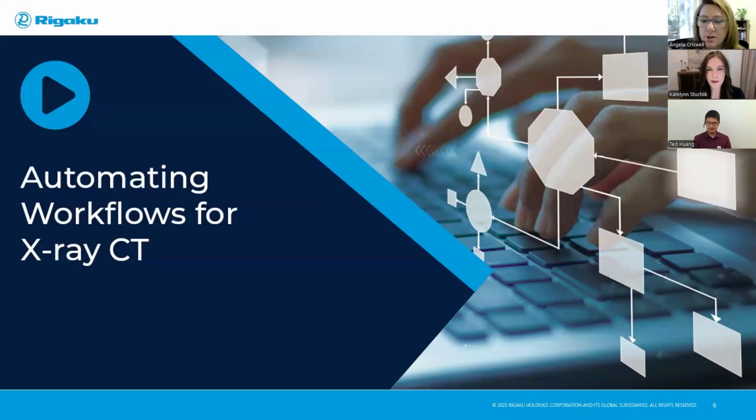Thank you, Caitlin, and thank you to those who are joining us today for this presentation. Laboratories that have CT instruments often find that they measure the same or similar types of samples over and over again. Take, for example, a zoology lab that studies a specific species, or a student or postdoc in that lab might be tasked with scanning tens or even hundreds of samples of a species to characterize the morphological variation.